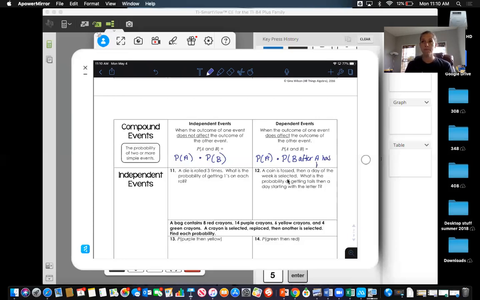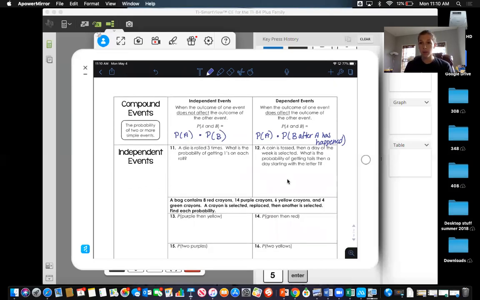So let's look at a couple independent events. A die is rolled 3 times. What's the probability of getting 1s on each roll? Well, if you roll a die and then you pick up that die, that first roll has no effect on the second roll. They don't affect each other. A die has 6 sides.